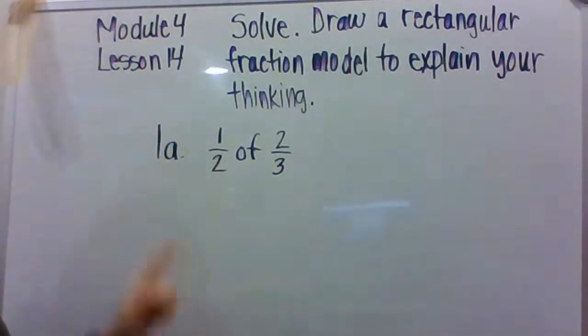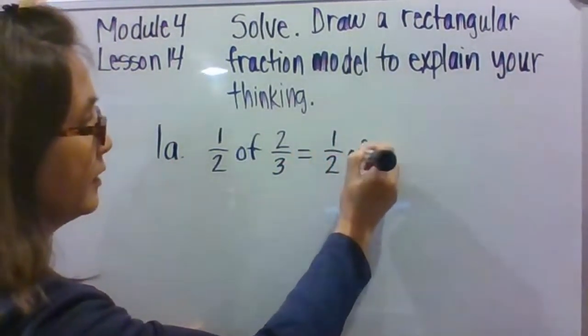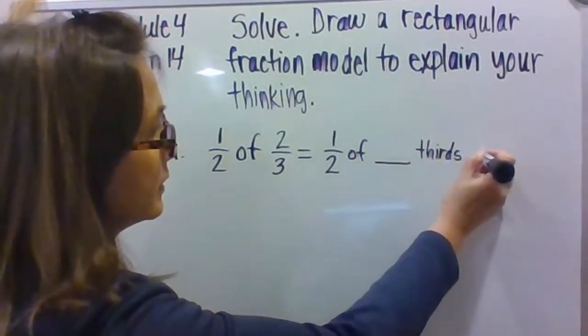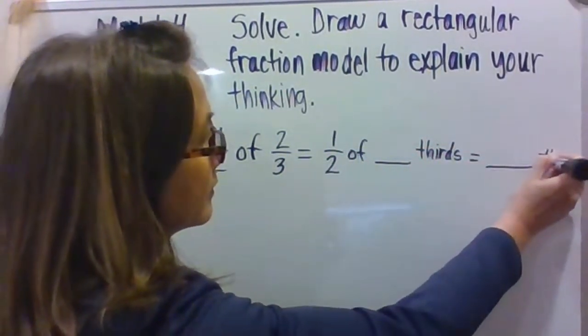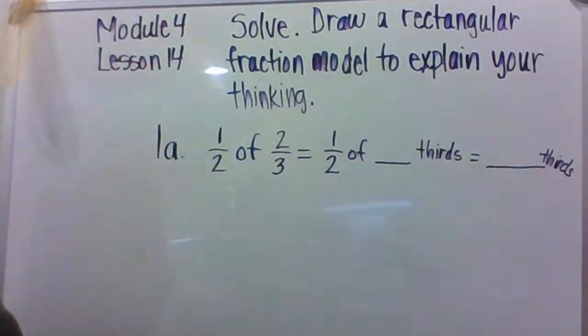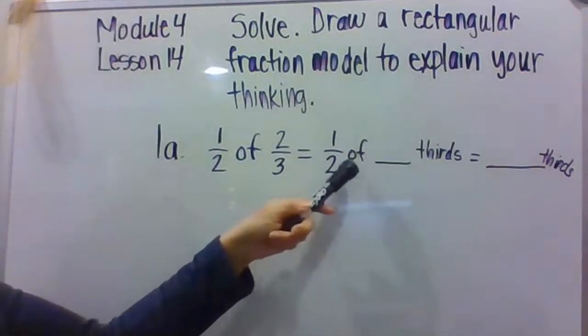Okay, so they're going to give you something that looks like 1/2 of 2/3 equals 1/2 of blank thirds equals blank thirds. And they will want you to fill in those blanks. So 1/2 of 2/3 is 1/2 of blank thirds.